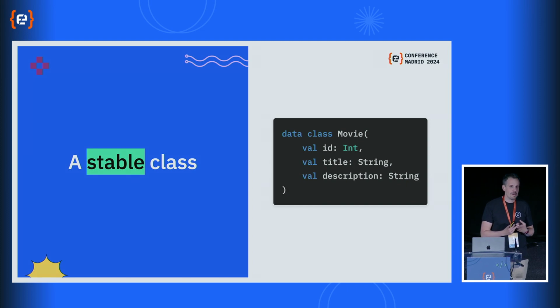One is from a primitive type, the other 2 are strings. So those 3 are considered stable, and they are val, so it means that the data class will be stable too. So if a composable receives a movie, if the movie value doesn't change, the composable can skip the recomposition.